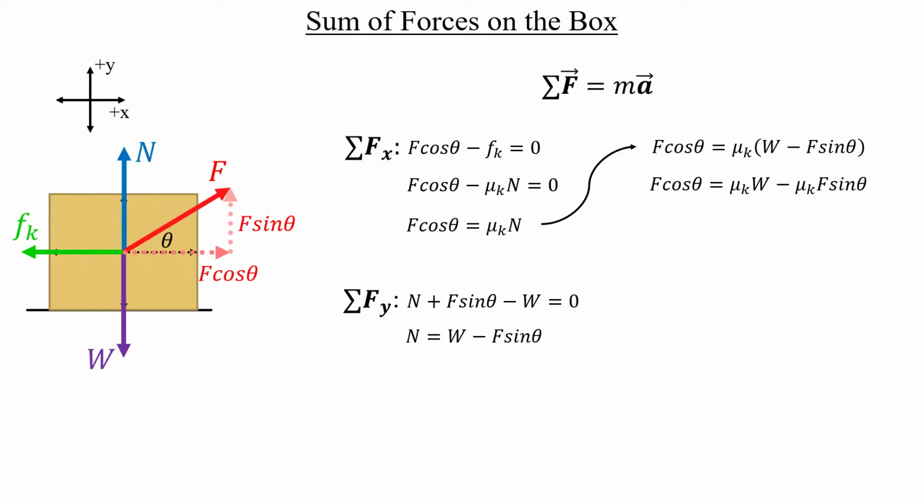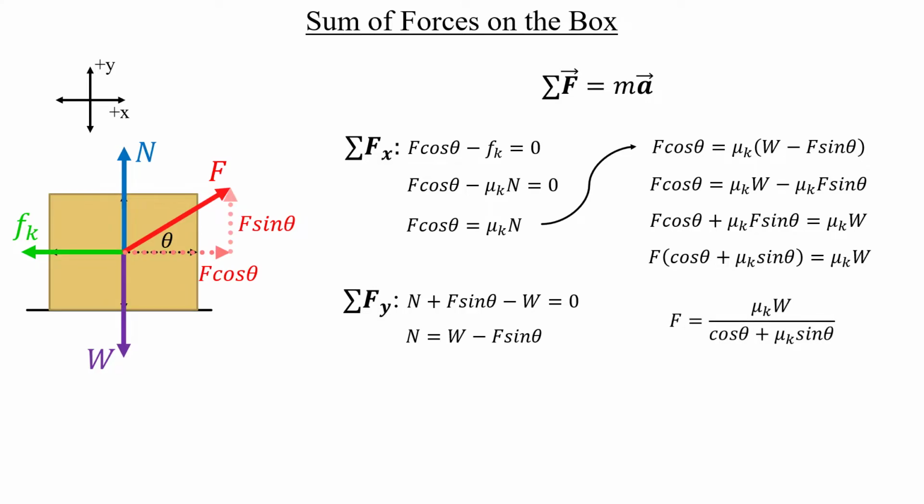I'll move the term with F over to the left-hand side, which will make it positive, and now we can factor F out and divide both sides by what's in the parentheses on the left. There's our equation for F that we needed to grab, and that's all there is to part A.